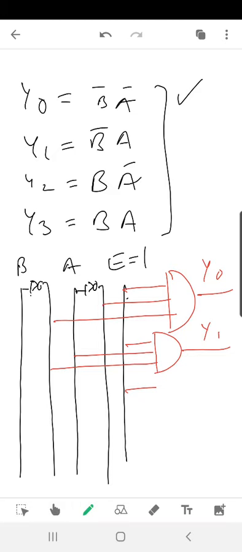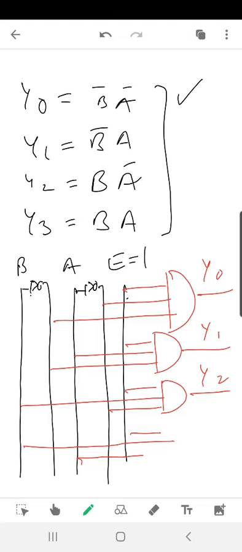So we will get B from here and we will require A bar from here. All through the AND gate it will be our y2. For y3 enable should be 1, the value of B should be 1 and the value of A should be 1. So all will be in high state and through an AND gate we will get y3.